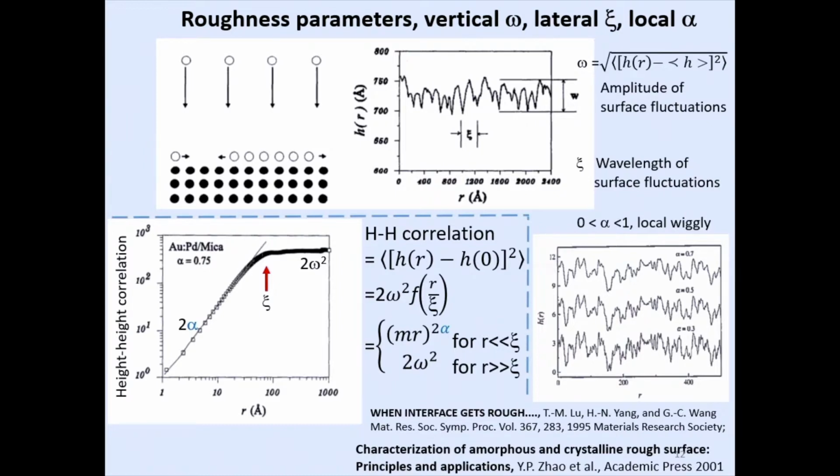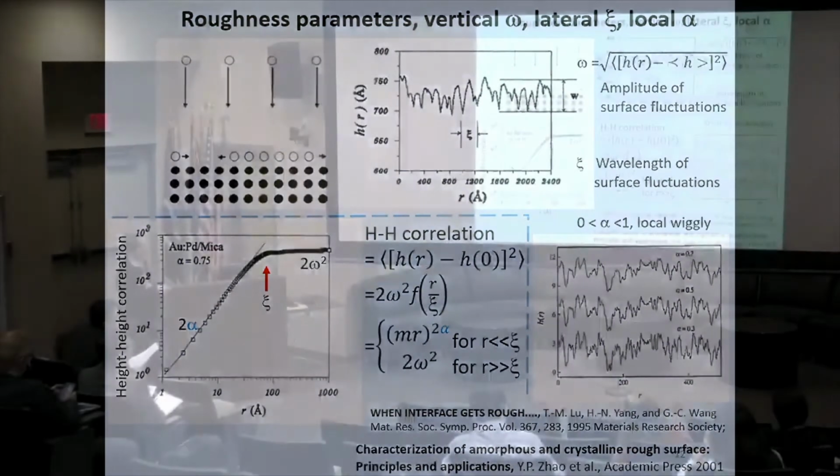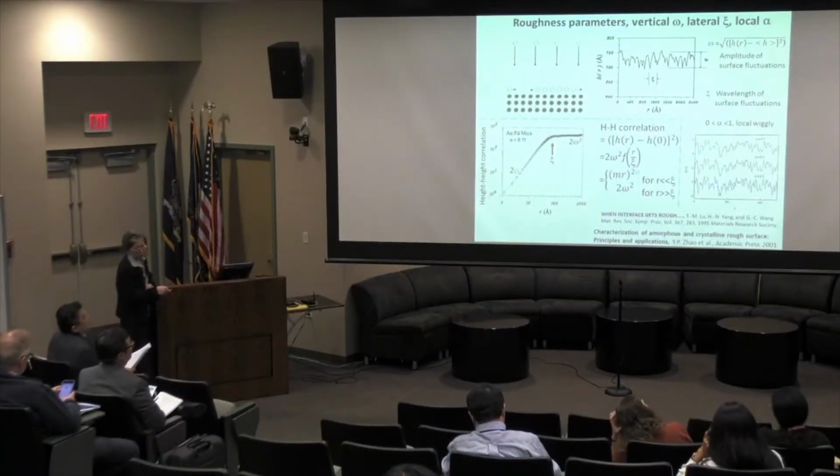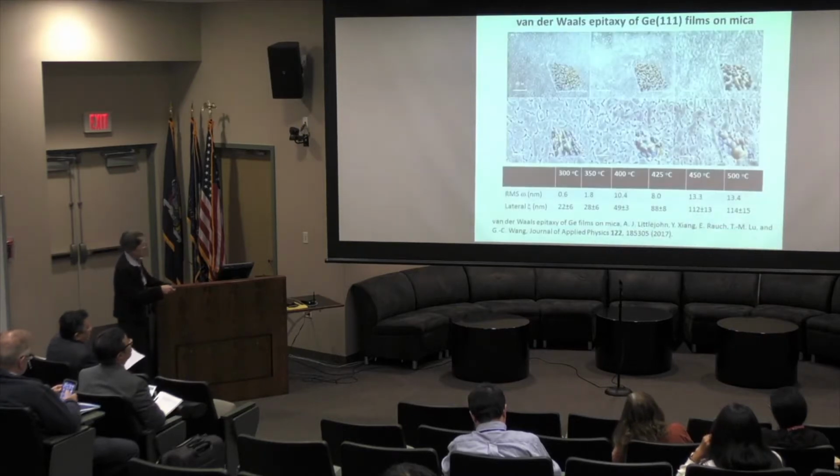So if you plot the height-height correlation function as a function of R, at R much larger than this lateral correlation length, you get 2W squared. So from here, extract RMS. Very locally, you get the local slope that gives you this local roughness exponent. In between, at the knee or turning point, that's your lateral correlation length. So we use this height-height correlation to get all these numbers, okay?